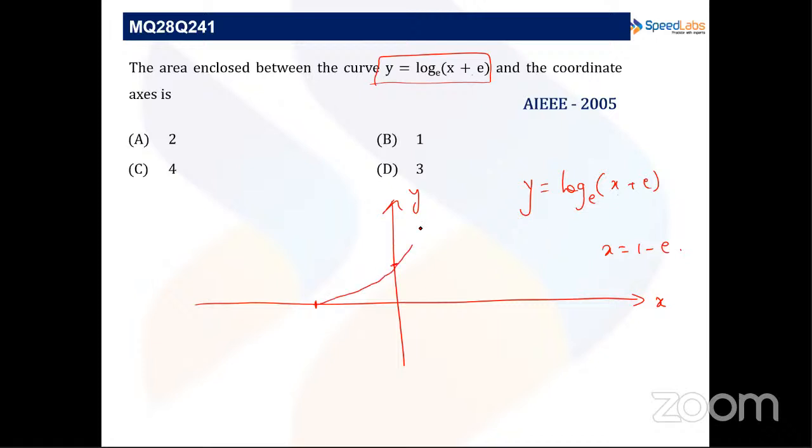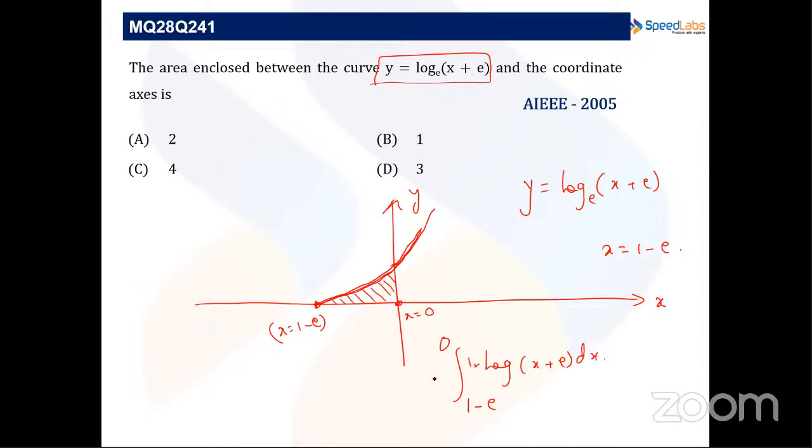So our curve will go from this to this. Now we have to find this area, the area enclosed between the curve and the coordinate axis. This point is x equals to 1 minus e, and this point is x equals to 0. So integrating from 1 minus e to 0 log of x plus e dx.